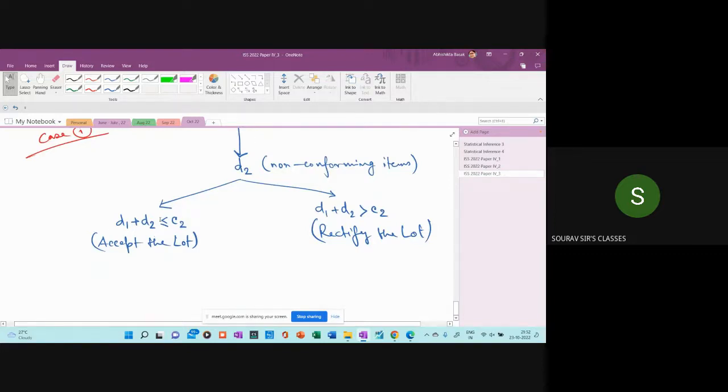If d1 plus d2 is less than the total cutoff c2, then we accept the lot, and otherwise we rectify the whole lot.